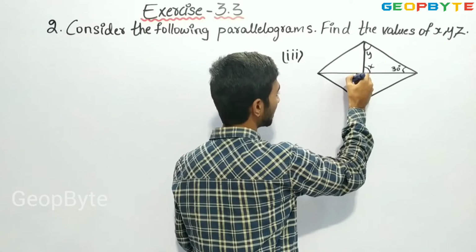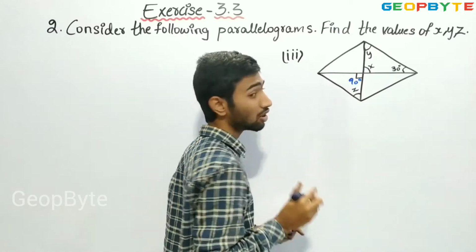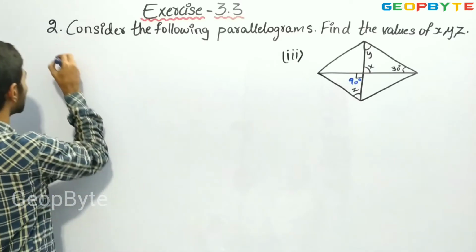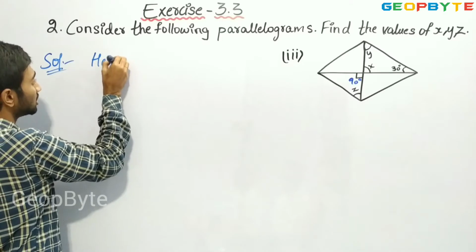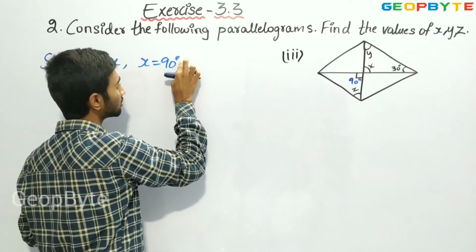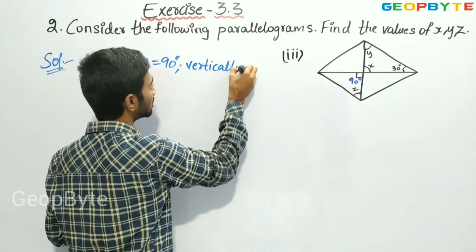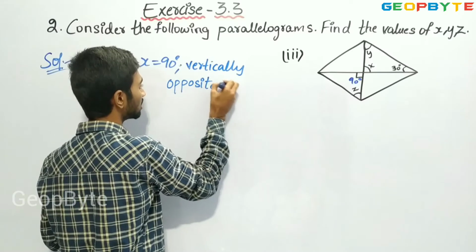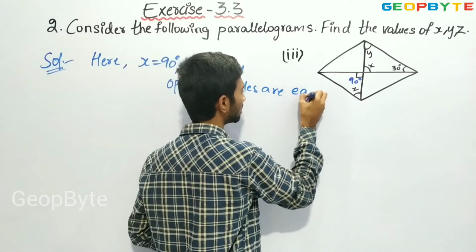So this angle will be 90 degrees, and here x and this angle are vertically opposite angles. Vertically opposite angles are equal. Therefore, x is equal to 90 degrees, because vertically opposite angles are equal.